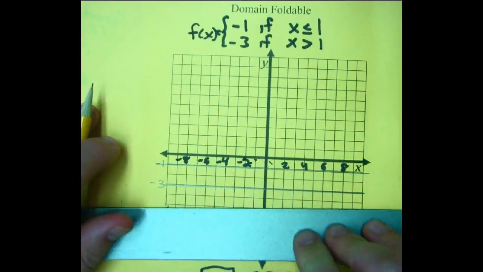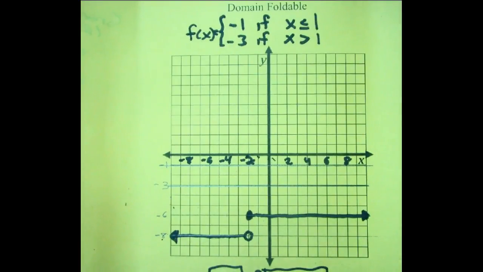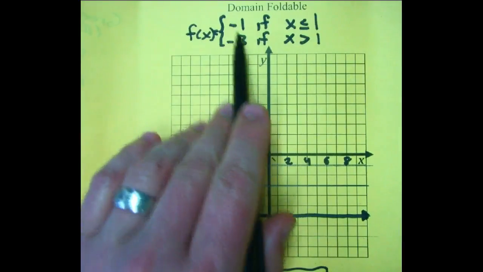Okay, so that's step 1. We got our 2 lines, and at some place they're going to stop and have an open or closed circle somewhere in there, and then we're going to erase. Okay. So far so good. Got your lines at -1 and -3.